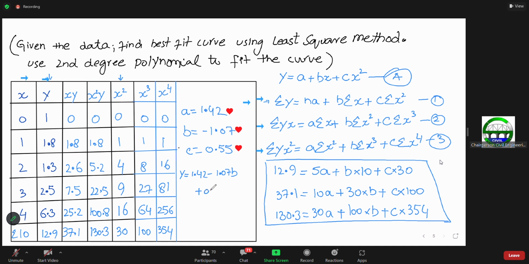C is equals to 0.55 and x squared. And sorry, this one is not b, this one is actually x. So this equation will represent your final answer. Okay, so let me write it. Yes, this equation will represent your best fit line.